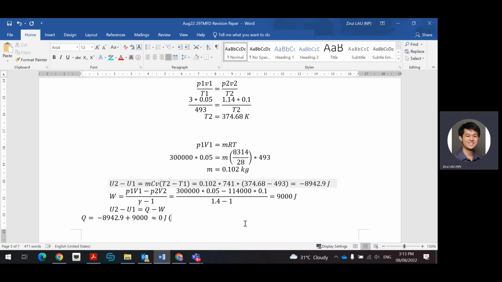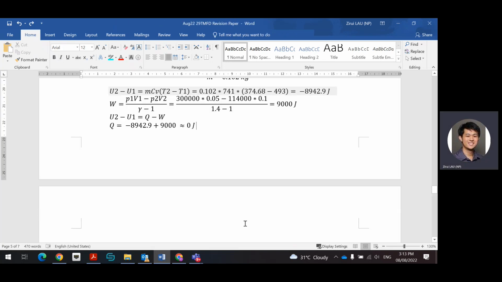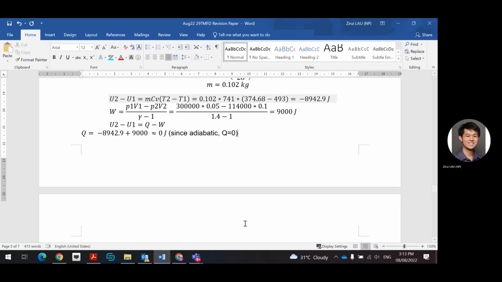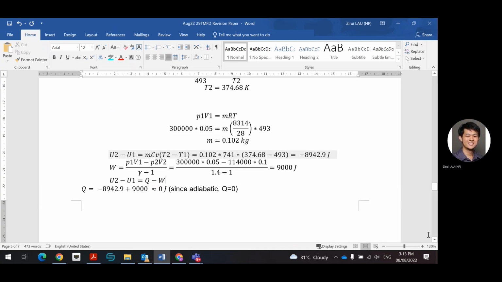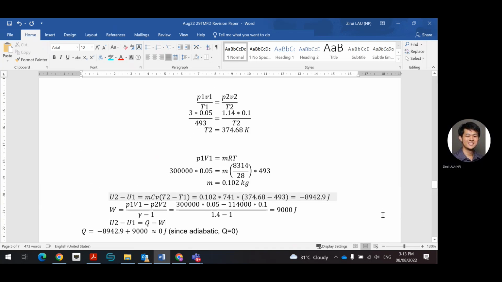If you want, I'll just put behind it that Q equals to 0. But you see, the values are very close.